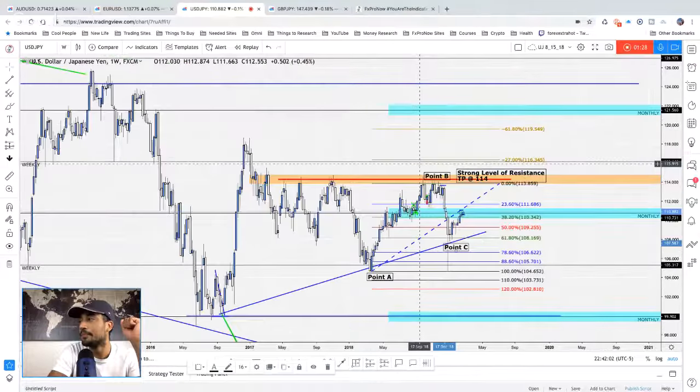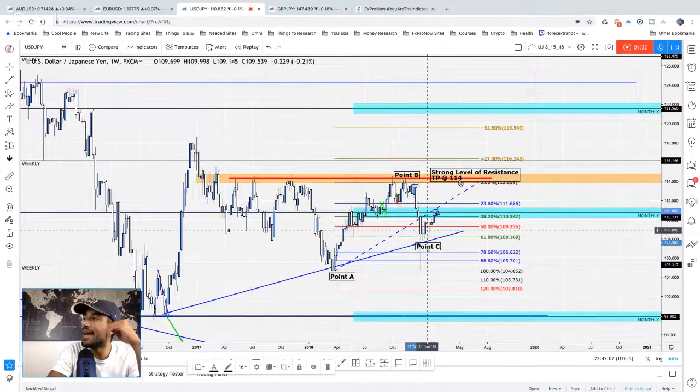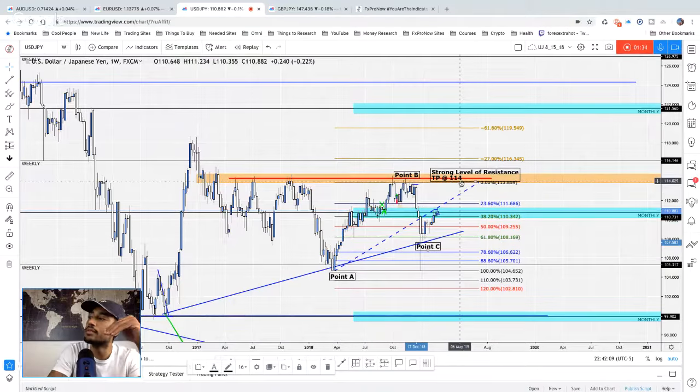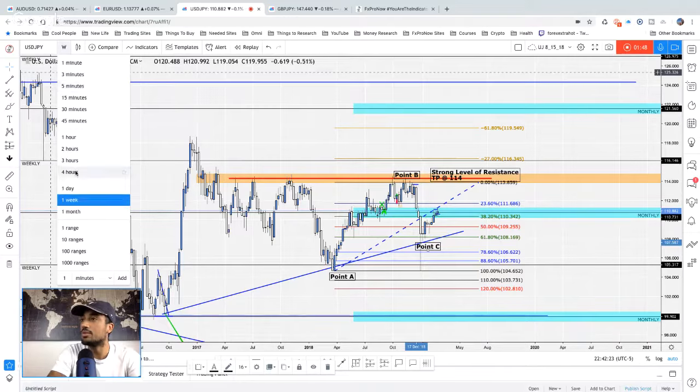What I'm looking for is for this to continue at the least to this level of resistance, at this 114 area. Maybe it'll break through. If it breaks through, thank God. I like this level of resistance because it shows me exactly where price is going, but at the same time, it's like, what are you gonna do?